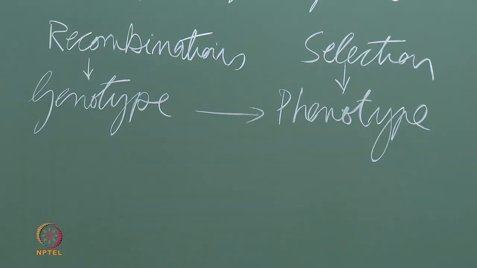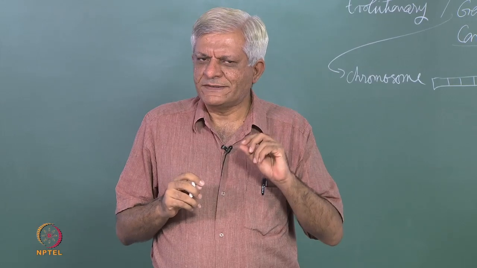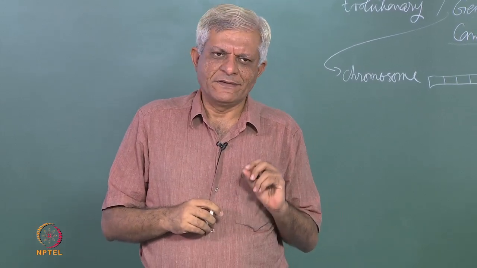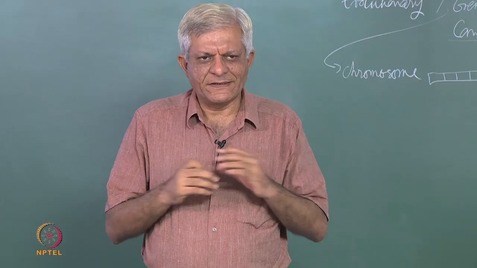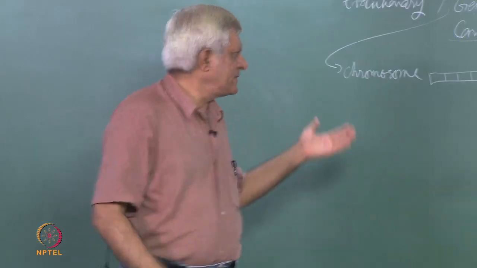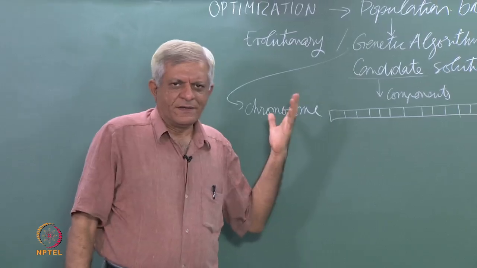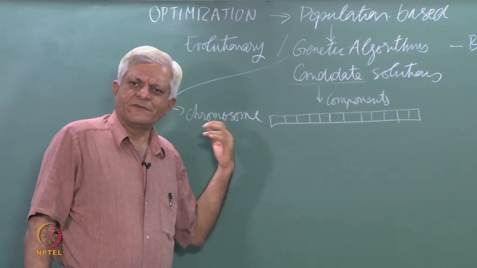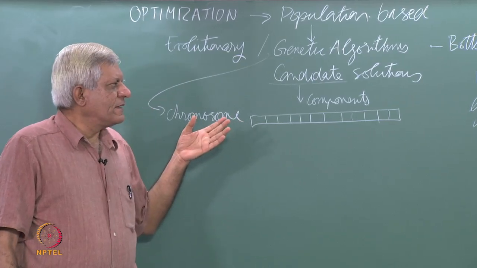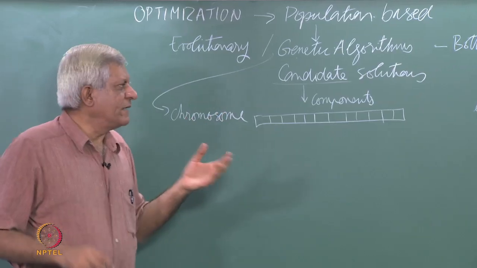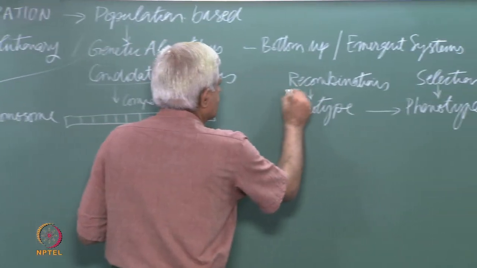These are the two main components of the problem solving strategy that nature employs, which is trial and error with its designs, and the design is expressed as a chromosome, which is some kind of a string that we are going to work with, and we use the word recombinations.